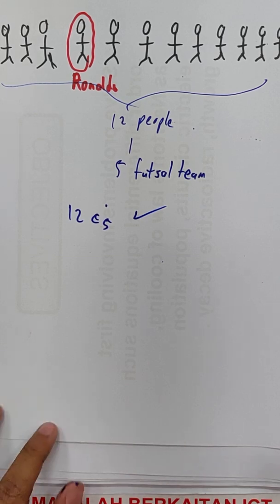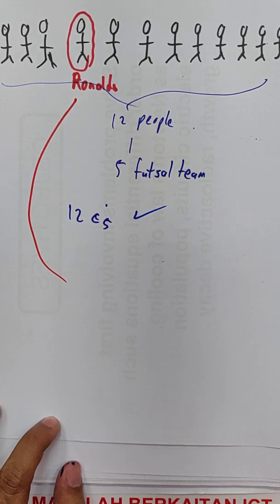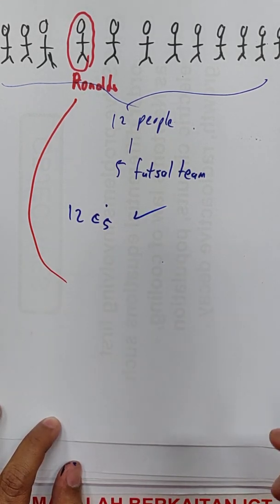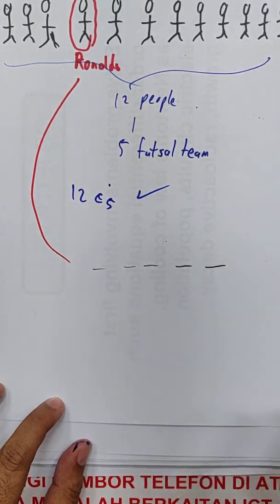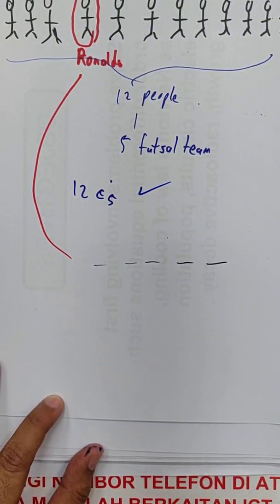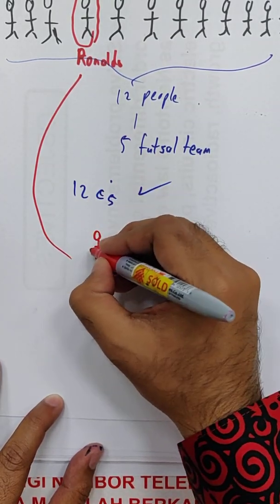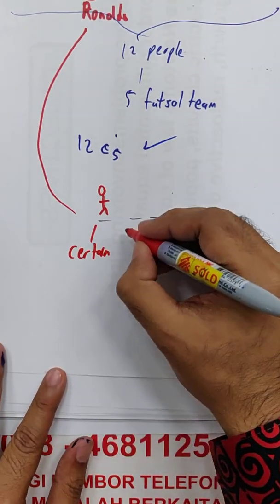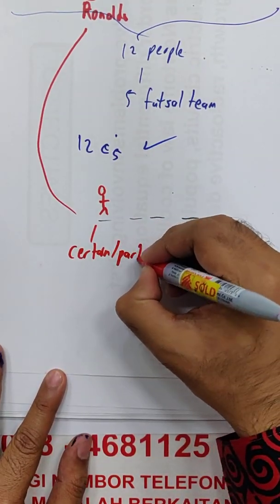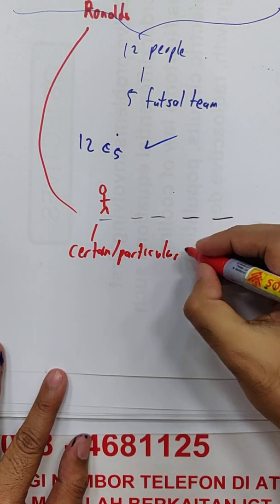So this is what we call a particular person or a certain person needing to be in the team. So just now you wanted 5 people, right? So Ronaldo will certainly be here. He will for sure be here. This is what we call certain or particular. Or you want to say, hey, that guy must be in the team. Must join.